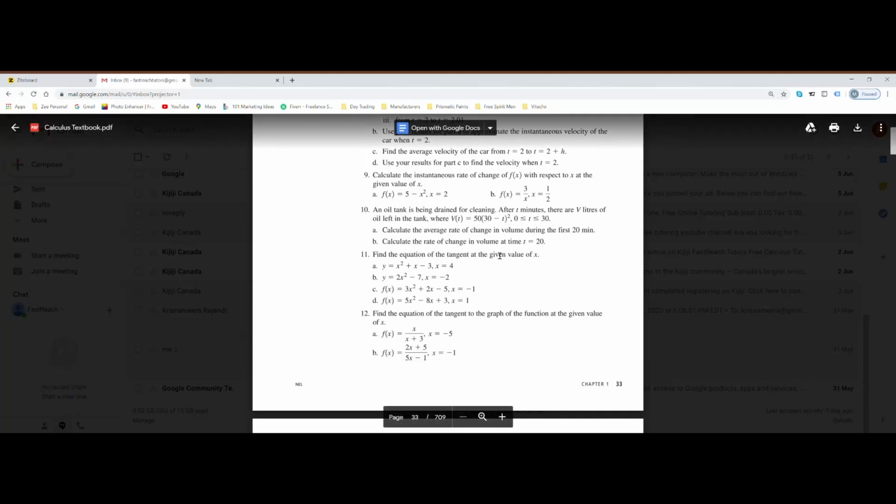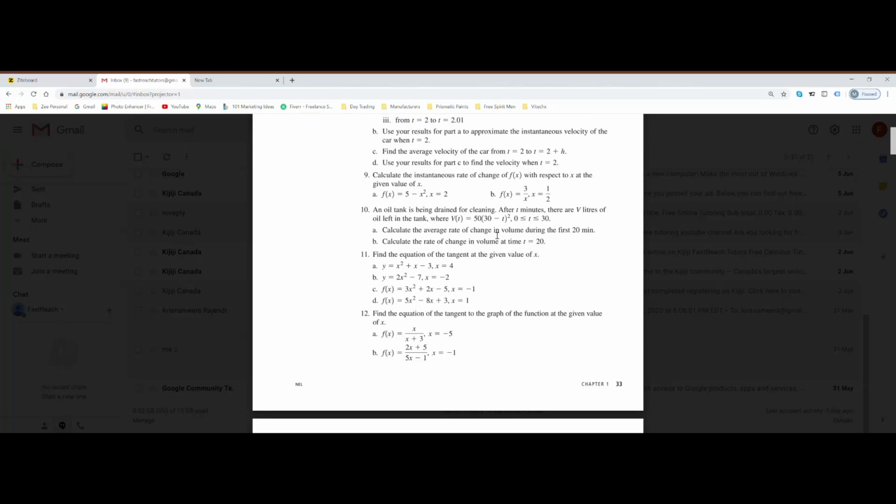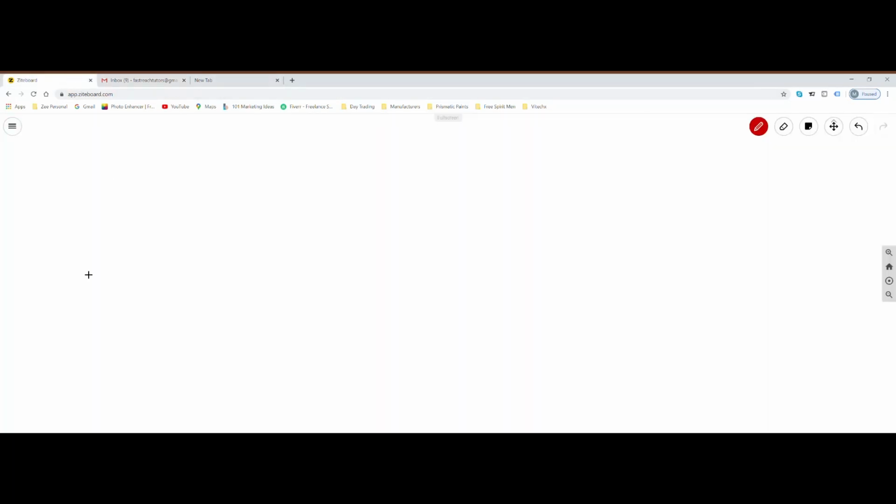Calculate the rate of change in the volume at time t equals 20. So you have y equals 50 times (30 minus t) squared. So you have points 0 and 0. So you have to find out 20 minutes.